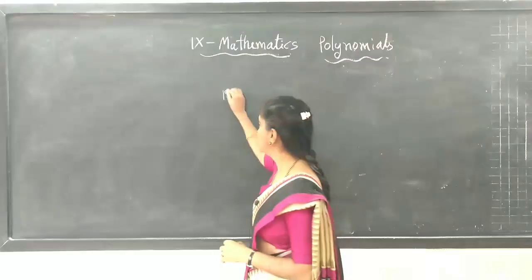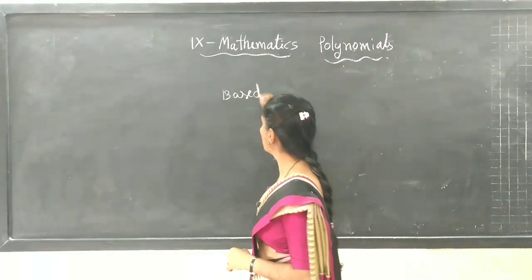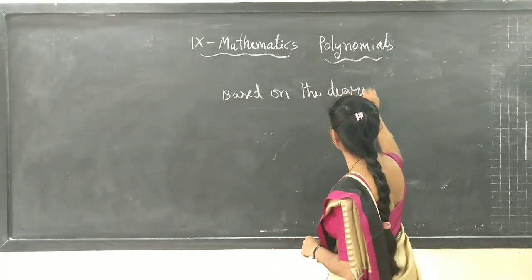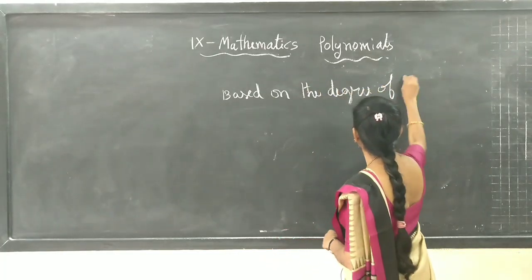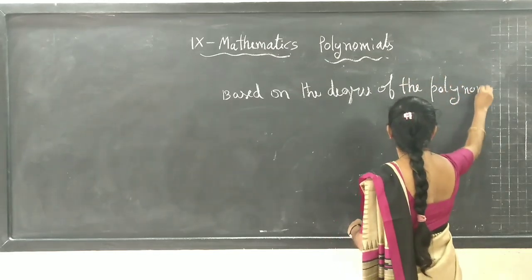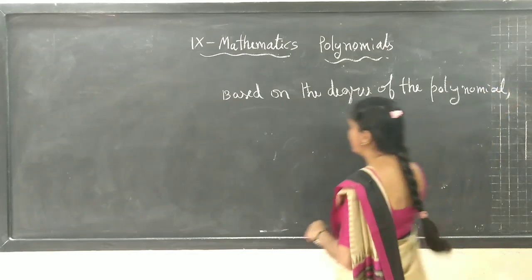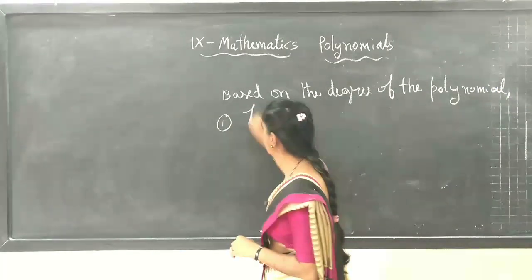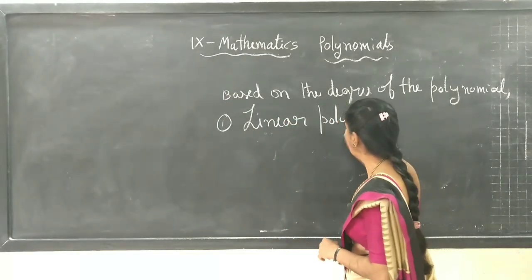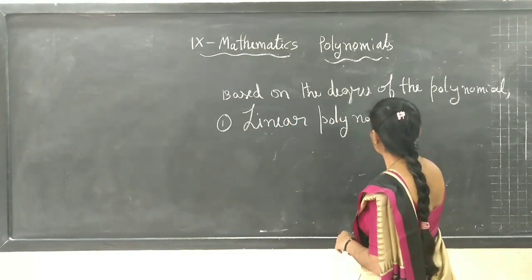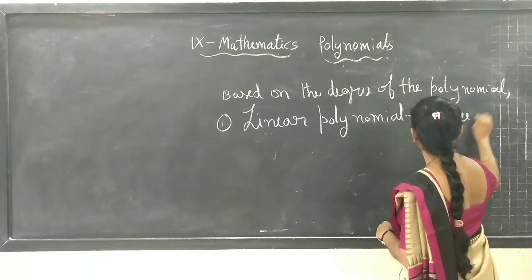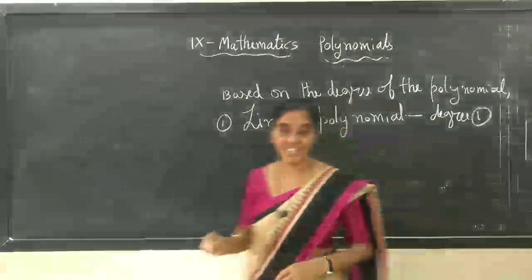So based on the degree of the polynomial, we have first the linear polynomial, where the degree is 1.